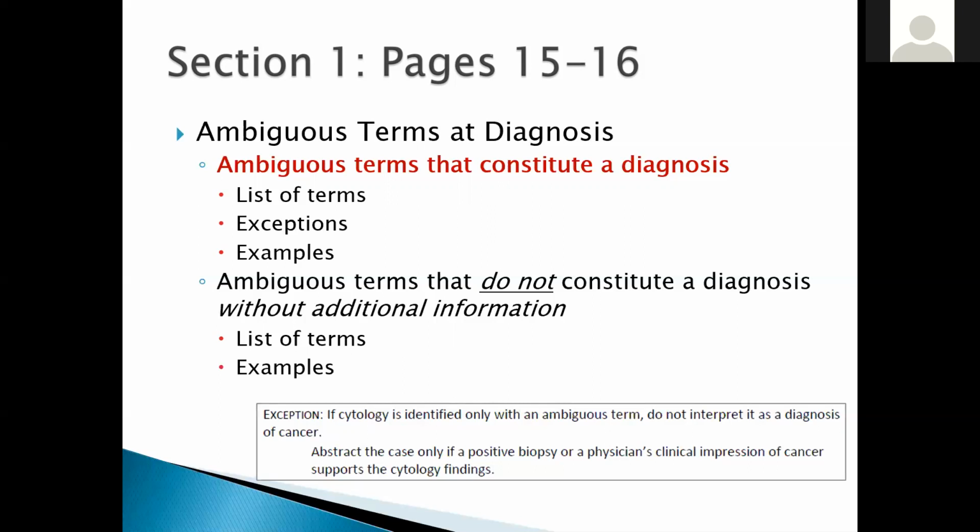This happens very infrequently. There are a couple of examples of diagnostic terms so you can get an idea of how these terms may be used in the medical record. At the bottom of page 15 is the list of ambiguous terms that do not constitute a diagnosis without additional information. Examples are also given for this list continuing on to page 16.